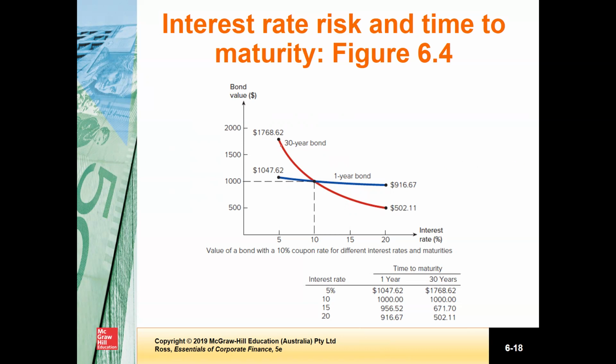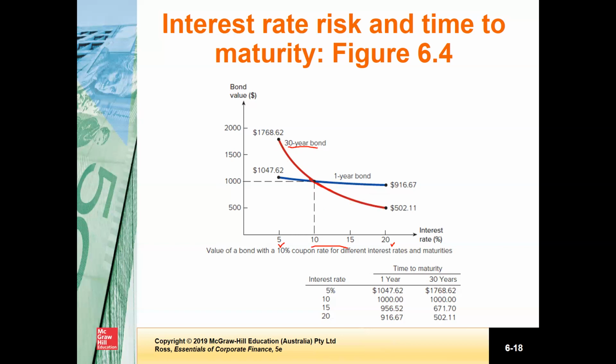You can see that this red line shows the 30-year bond and this blue line shows the 1-year bond, and these are the different interest rates from 5% to 20%, and these are the bond values. You can see that this 30-year bond has a higher slope, indicating that for a given change in interest rate, the 30-year bond value changes more than the bond value for a 1-year bond.